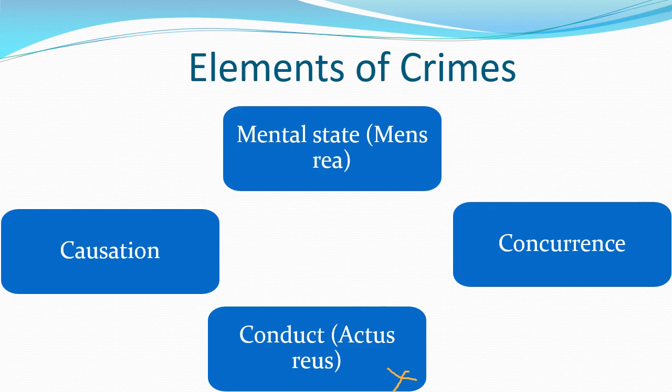Say a lifeguard not saving someone is a failure to act, because in their job that's what they're supposed to do. They're supposed to save somebody. If we go to mens rea now, which is a mental state, there has to be some sort of recklessness, criminal negligence, accomplice liability, aiding a person in committing a crime, or strict liability.